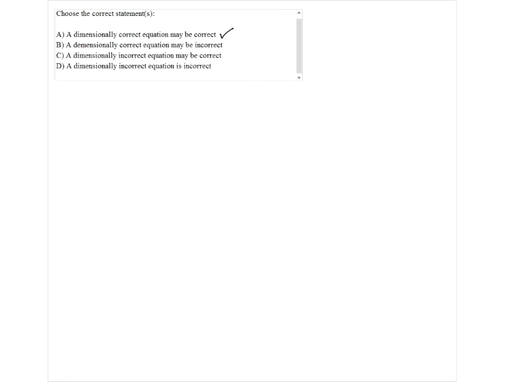Because constants can be different, isn't it? A dimensionally correct equation may be incorrect because constants may be different. But you have chosen D. So that's right. A dimensionally incorrect equation is incorrect. So you got two options, that's fine. Regarding option C, a dimensionally incorrect equation may be correct. No. A, B and D. If you have any questions, just let me know.